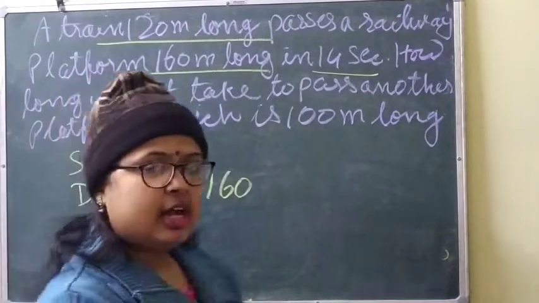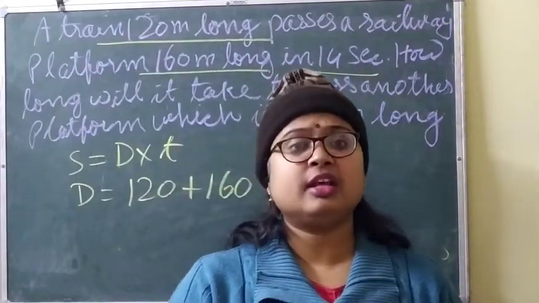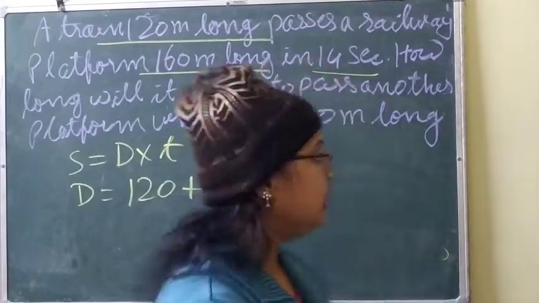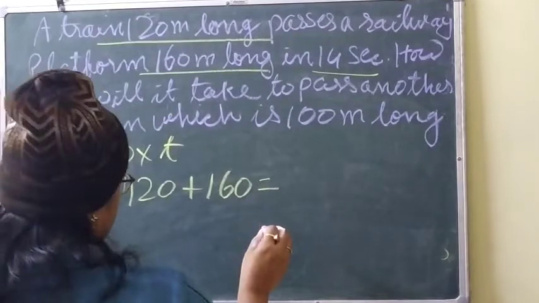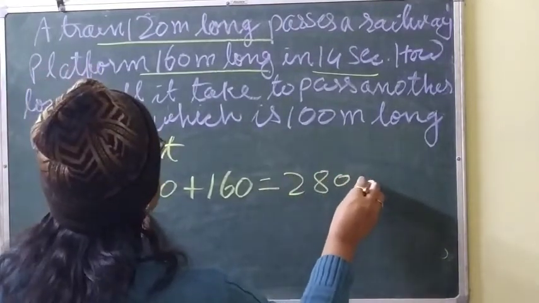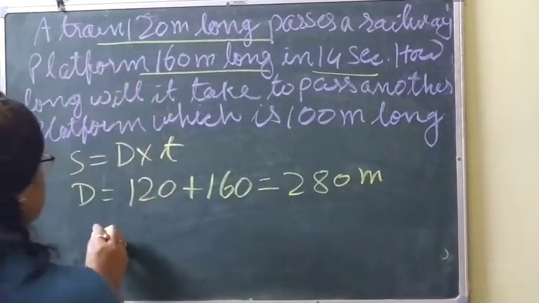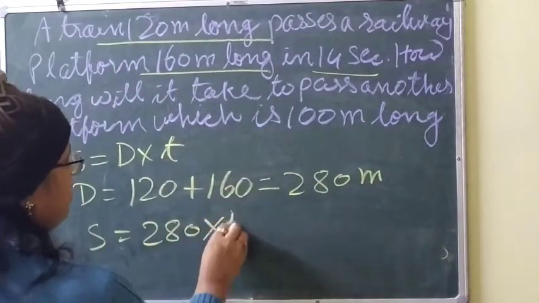In this we will add the length of train with the length of a platform. Clear? So that will be the total distance. So this will be equal to 280 meter. Yes. So speed will be equal to what? 280 into time is given 14.